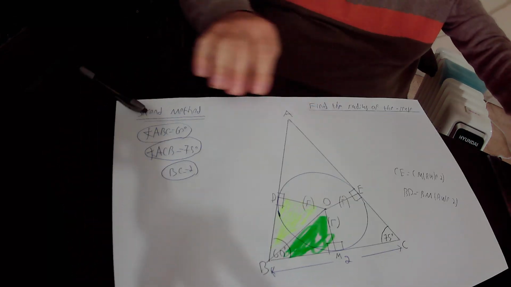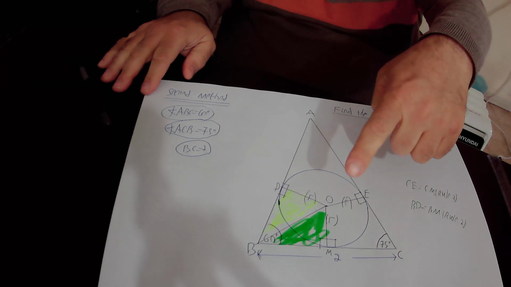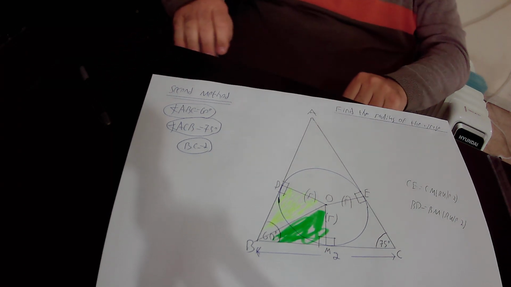Again, we prove that the yellow right triangle is congruent to the green right triangle. So I write it down.